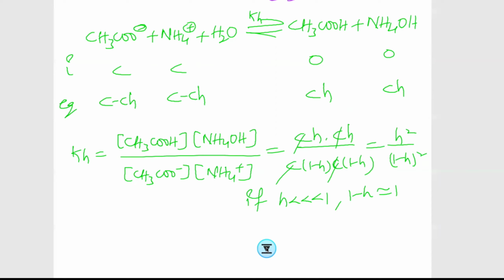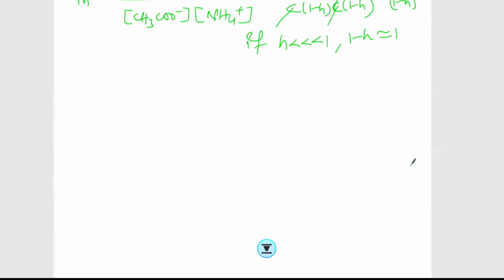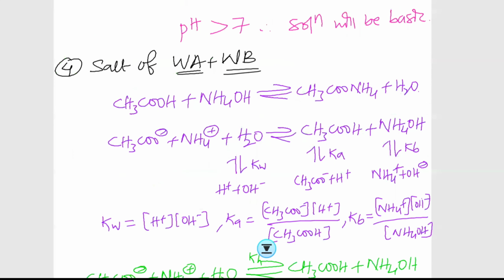Okay. So Kh becomes what? h square. So Kh becomes h square, and if you want to calculate the degree of hydrolysis, h is equal to root Kh. So here if you want to calculate the concentration of H plus, how can we calculate?